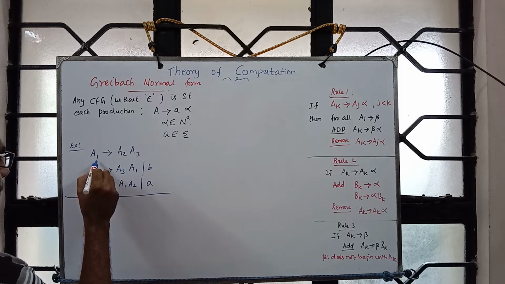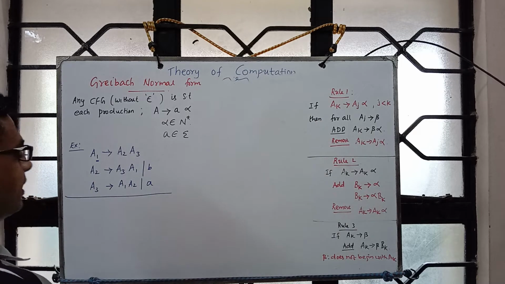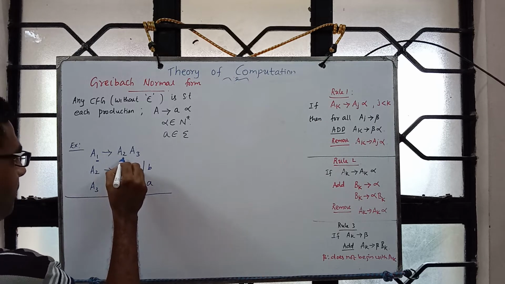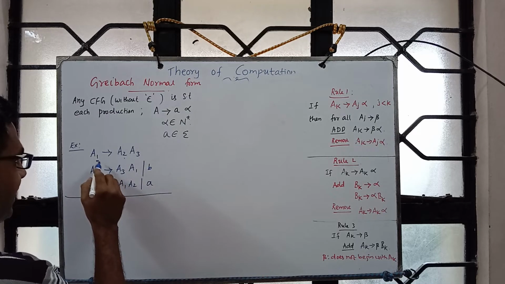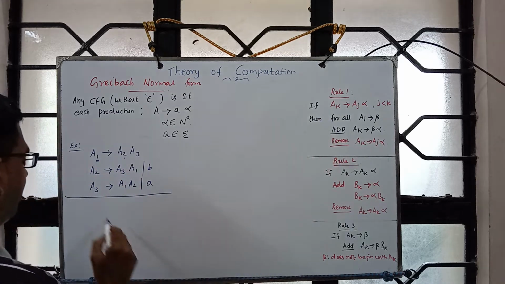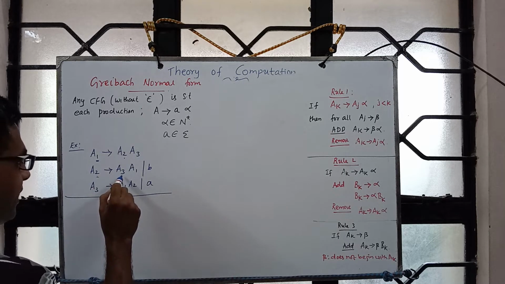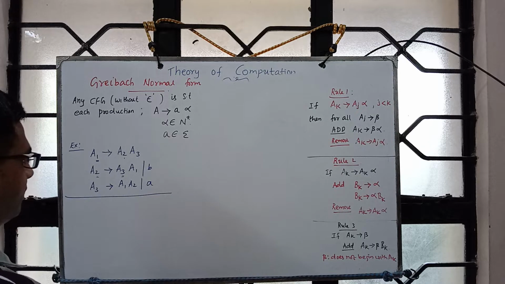Now let's look at this. If you take K to be 1 and AK implies AJ alpha, but this index is larger than this index, then rule 1 is not applicable. If you take K to be 2, then you see that this index is larger.